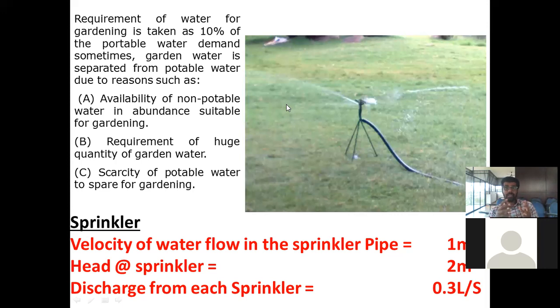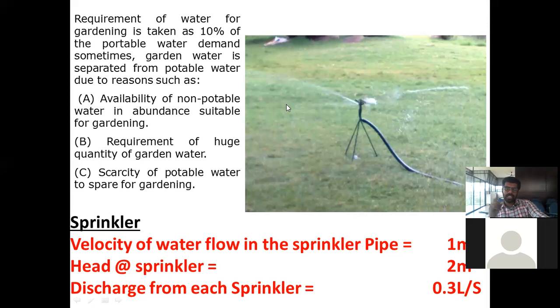The reason is the availability of non-potable water in abundance, suitable for gardening. We use potable water for drinking and all other purposes. So if non-potable water is available in abundance, we can use that water separately through a separate overhead tank, and it can be used for flushing as well as for gardening.